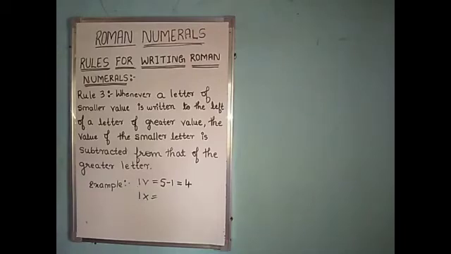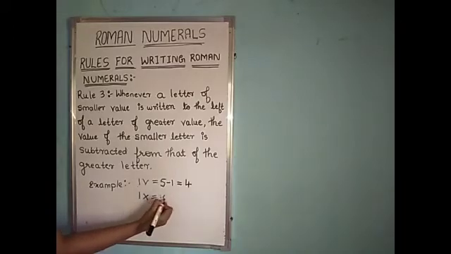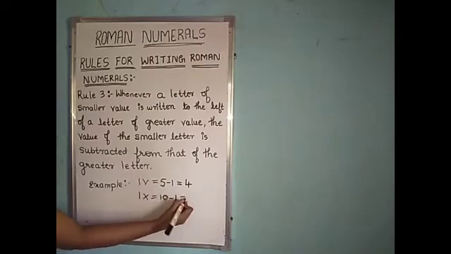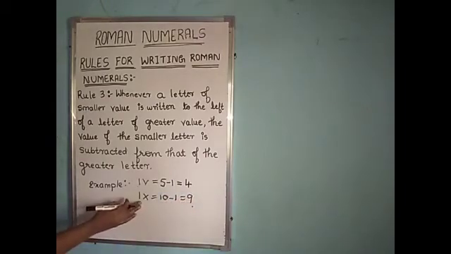We have to subtract the value of the smaller letter from the greater letter. The numeric value of X is 10 and the numeric value of I is 1. We have to subtract 1 from 10. So 10 minus 1 is equal to 9. So IX is equal to 9.